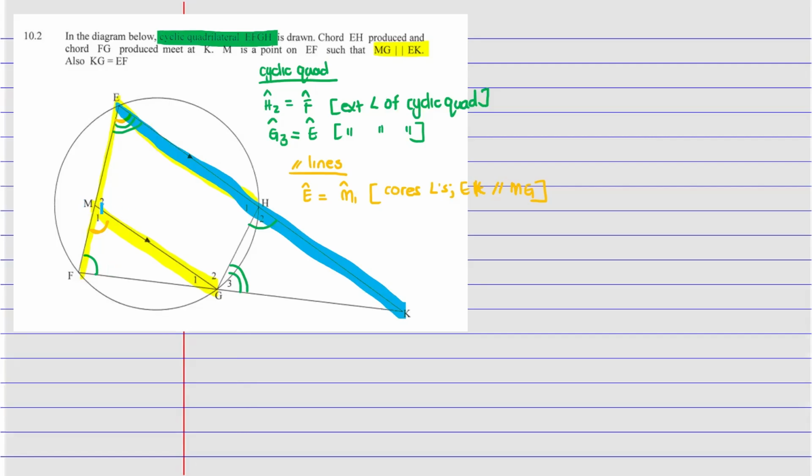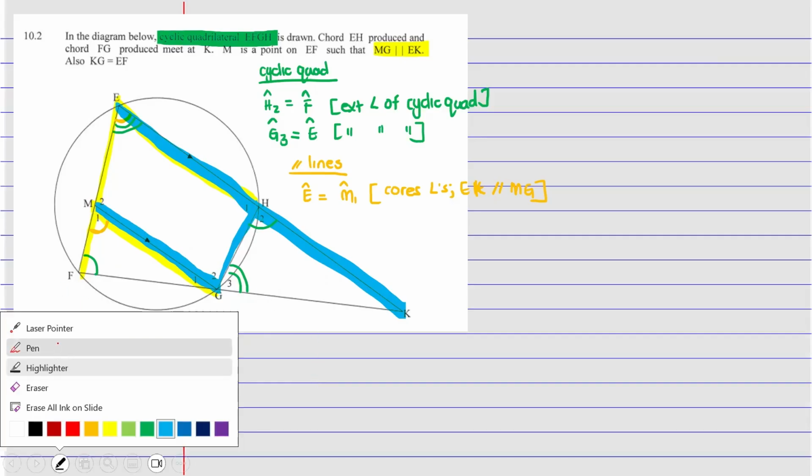So then this one, let me see whether we can. H2 equals G2. I think you could be right. It doesn't look like a proper Z, but it makes sense. Yeah, I think you're right. H2 is equal to G2, and that is alternating angles.